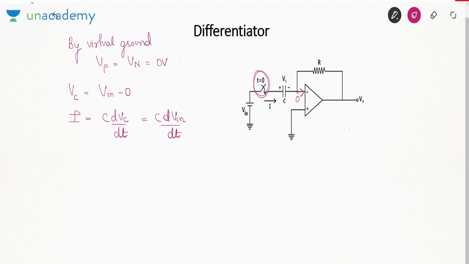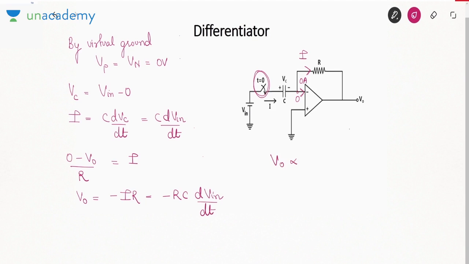Now we very well know current cannot enter the input terminal of op-amp. So this current will go upwards. So what you will say is 0 minus V0 by R is equal to I. So V0 is minus IR. That is minus RC dVin by dt.